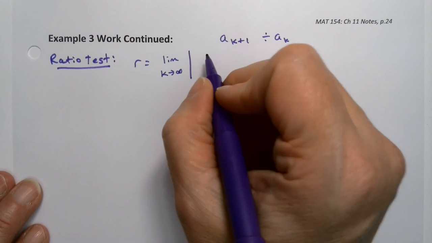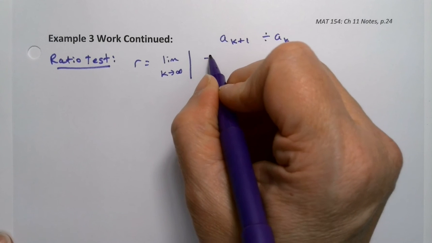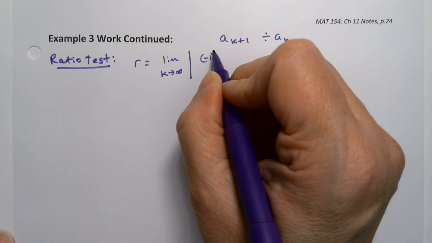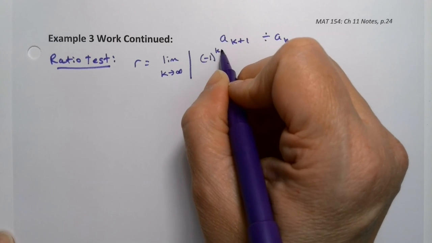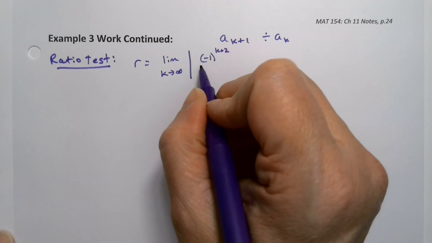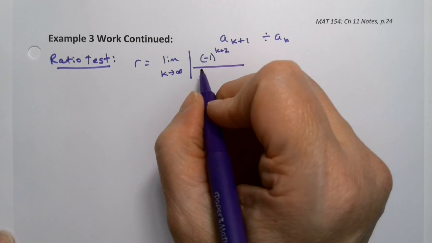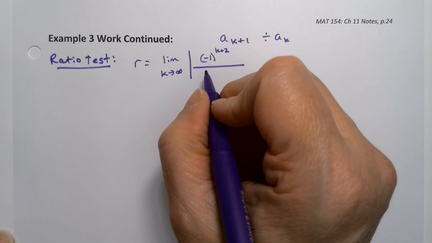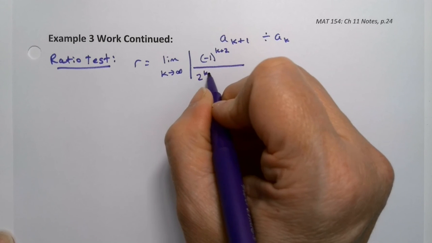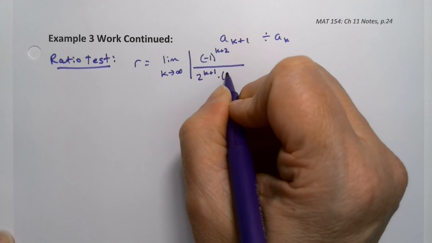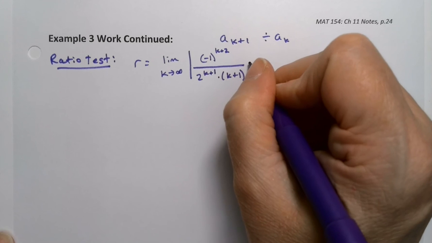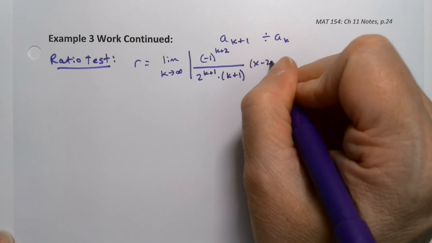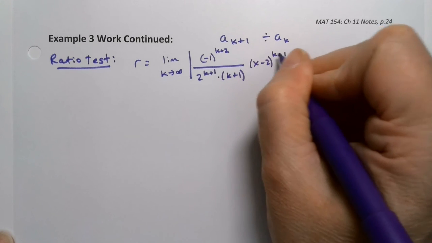So a sub k plus 1 would be negative 1 to the k plus 2, over 2 to the k plus 1 times k plus 1, all times x minus 2 to the k plus 1.